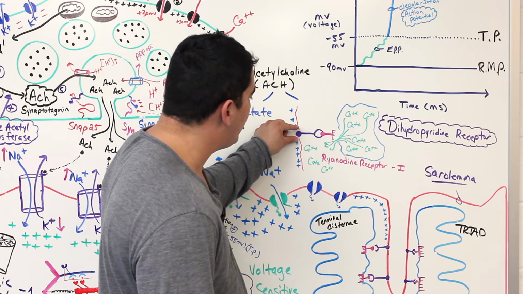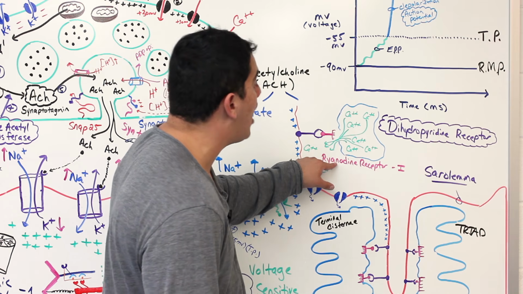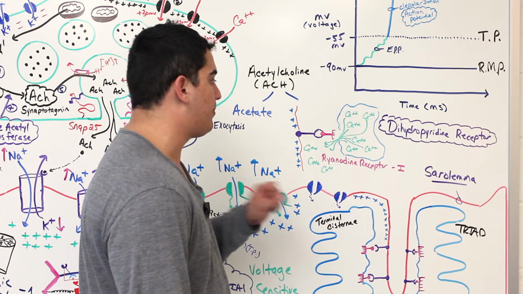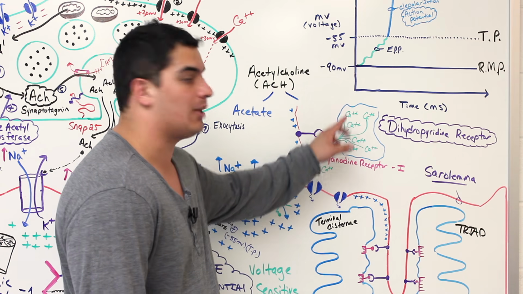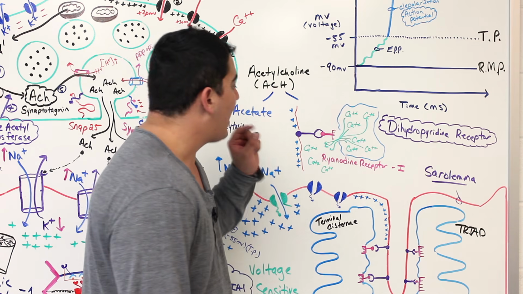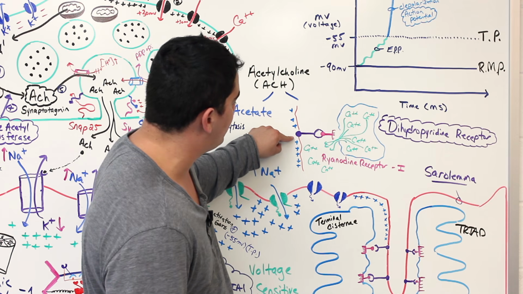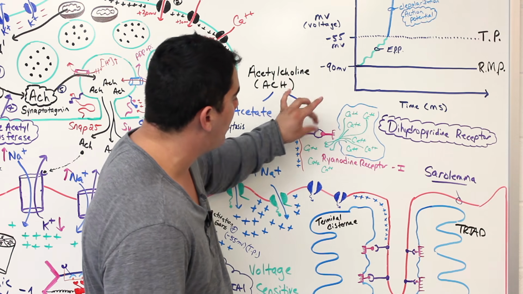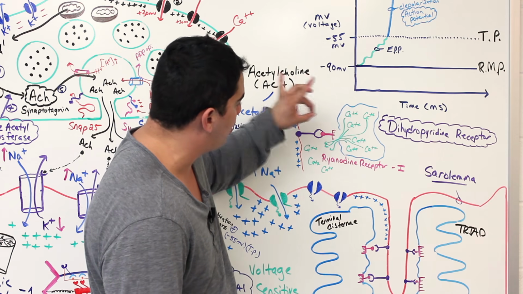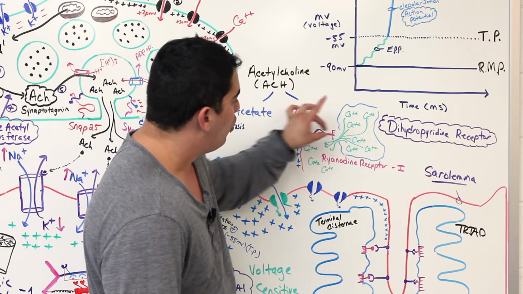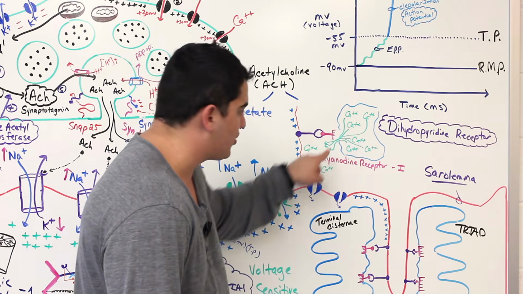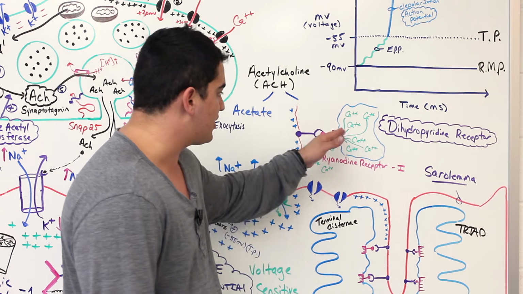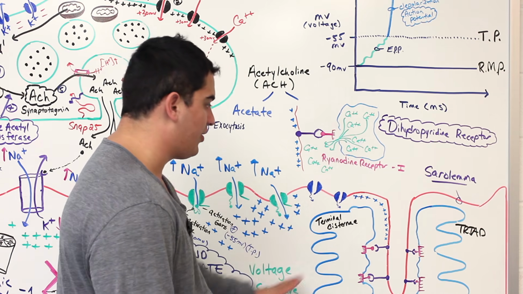The dihydropyridine receptor is normally mechanically coupled to this ryanodine receptor type 1, which is present on the sarcoplasmic reticulum's membrane. What happens is the dihydropyridine receptor, when it's stimulated by this voltage due to sodium, holds on to the ryanodine receptor and plucks it out. When it does that, it opens up the channel for the calcium ions to start flooding out through the sarcoplasmic reticulum and into the sarcoplasm.